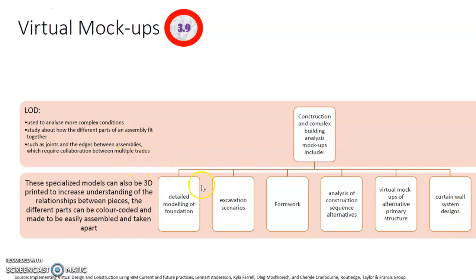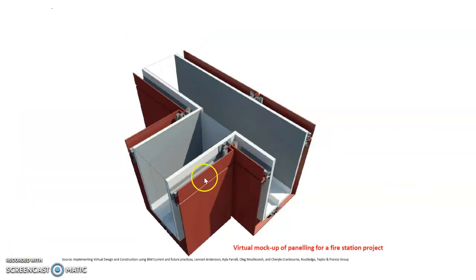For some of these details, you can have a specialized model that is also 3D printed to allow the stakeholders to understand better the relationship between the different components, and the different parts can also be color coded to make it easier to assemble and to be taken apart. Here you can see a virtual mockup for a paneling for the fire station project.